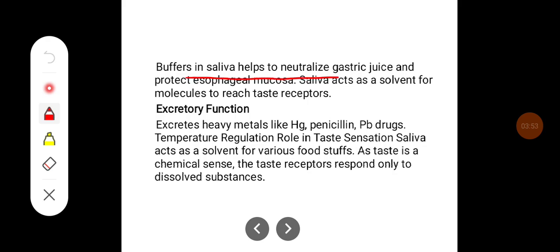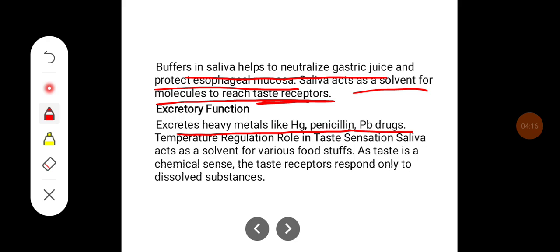Buffers in saliva help to neutralize gastric juice and protect esophageal mucosa. Saliva acts as a solvent for molecules to reach taste receptors. Hence, it helps in the taste sensation. It has excretory functions where it excretes heavy metals like Ag, penicillin, and lead, and also some drugs.